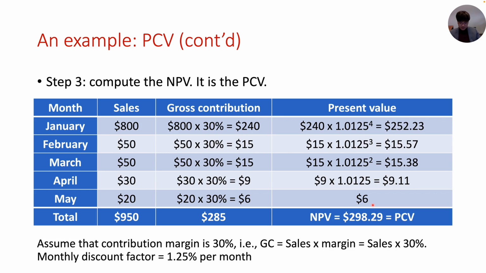The last step is to compute the NPV, which is the sum of the present values. This NPV is the past customer value, which is what we want to get. So, the computation of PCV is exactly the same as the previous example of computing NPV of past transactions. Transaction values are replaced with gross contribution, and that's it.